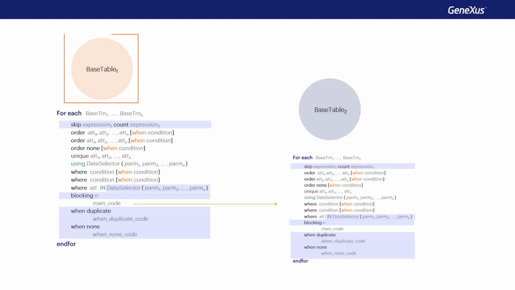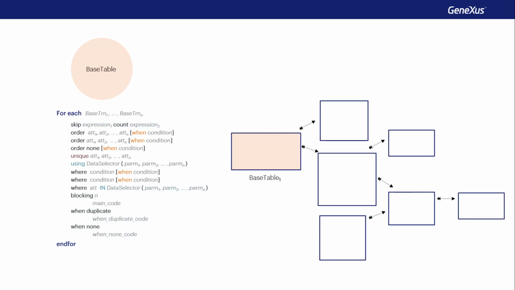After, and only after, the base tables have been determined, GeneXus will solve the navigation, and, more specifically, the conditions that it will implicitly impose. For example, remember that if no access to a particular table of the extended table is required in the for each, for example, suppose that only attributes of these tables are used, then the access will be to these tables of the extended table and not to all tables.